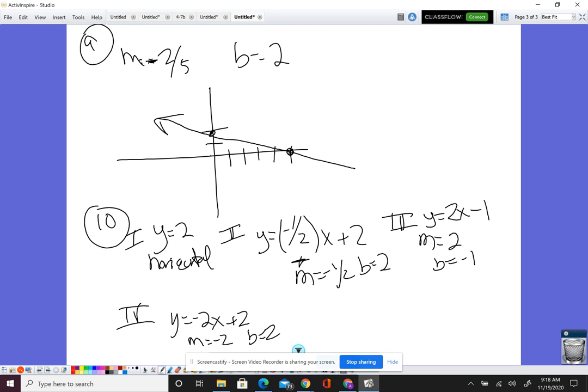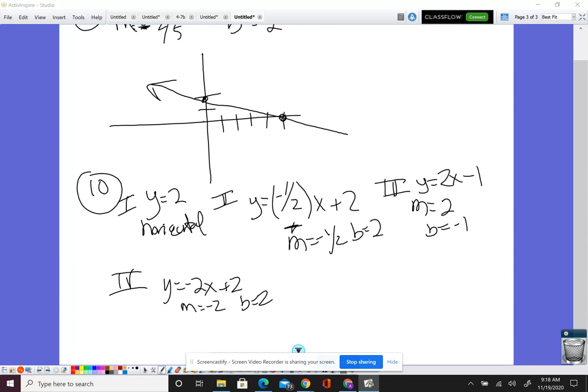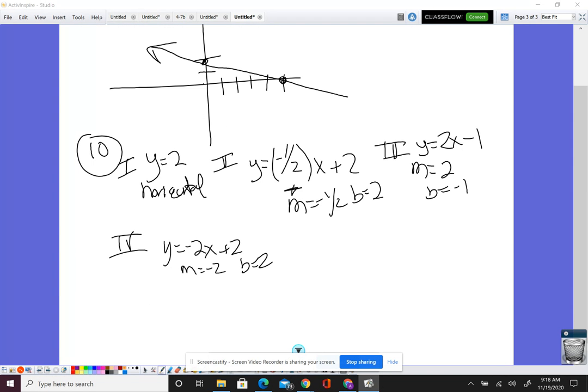And the question on number 10 is identify which lines are parallel or perpendicular. So when I'm looking at perpendicular or parallel, I'm looking at the slopes. That's really all I care about is the slopes. And if I look at a slope of negative 1/2, a slope of 2, and a slope of negative 2.